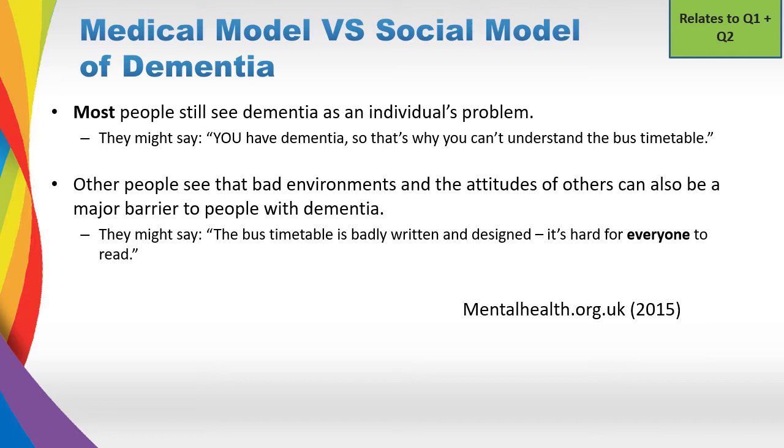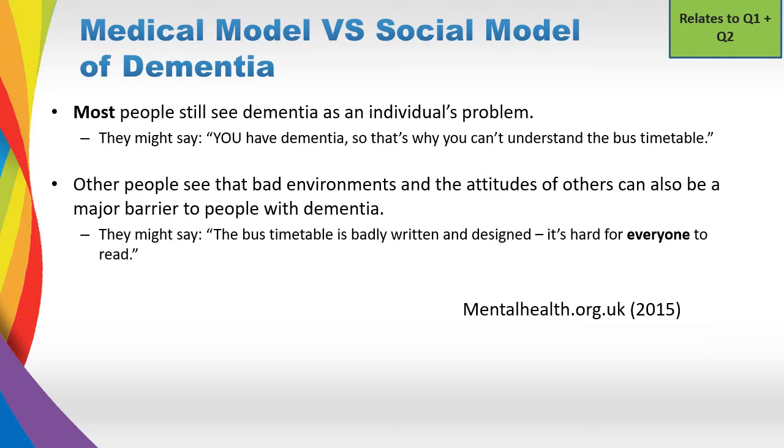Most people, for some reason, still see dementia as the individual's problem. Although we've moved forward in terms of accessibility for people with wheelchairs, people who have a problem with their legs, that's why I've used that example, most people still see dementia as an individual's problem, not a society issue.